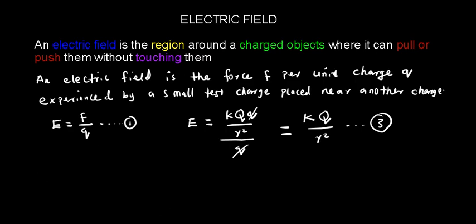Now we have the first one, the E. E is the electric field strength, and its unit is Newton per coulomb.